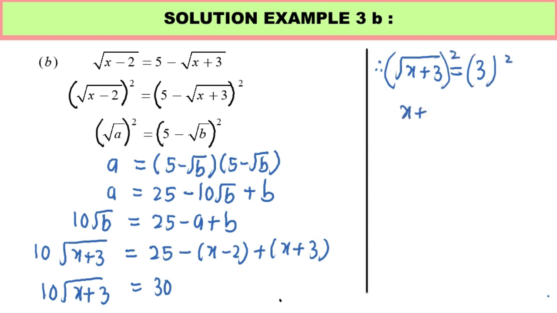Then only x plus 3 is left, and on the right hand side it becomes 9. Then for this example, my value of x is 6. So we end up with one solution. Then it is not necessary for us to check whether this solution satisfies the original equation or not.